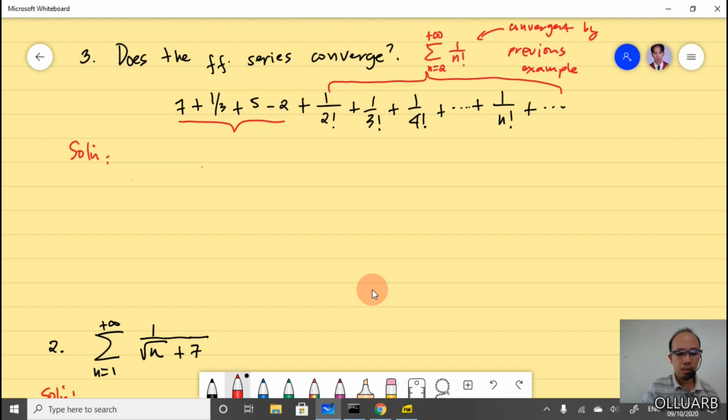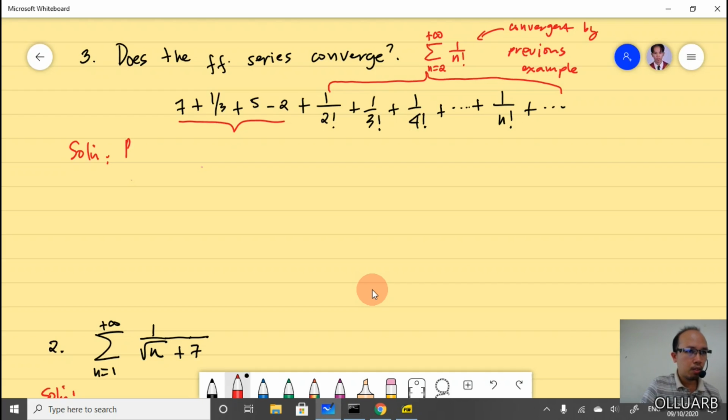In our previous lesson, we discussed that we can eliminate these finitely many terms. All you have to do is consider the tail of the series, those terms approaching positive infinity. There are more terms in the positive infinity than these finitely many terms, so we can discard this one.